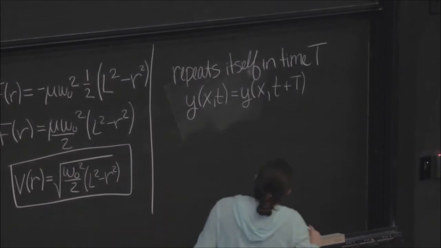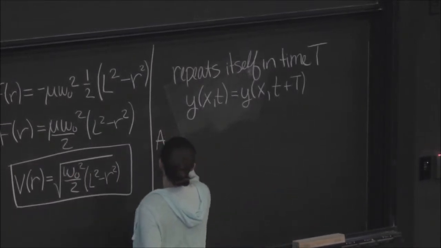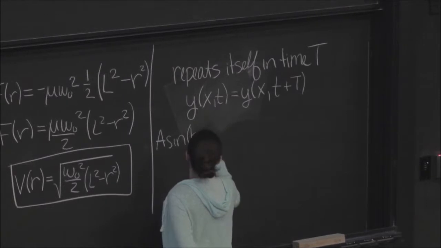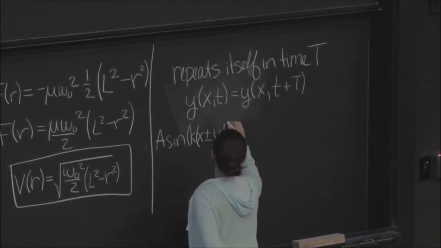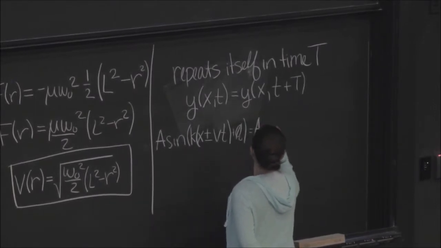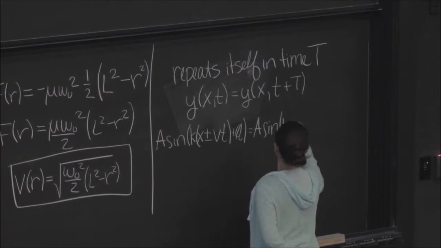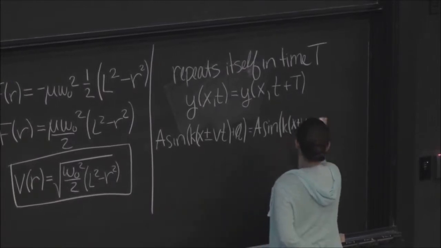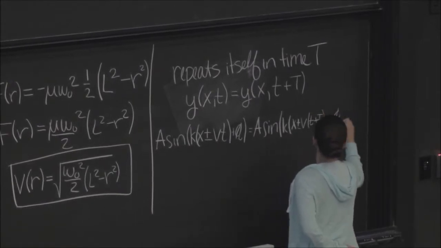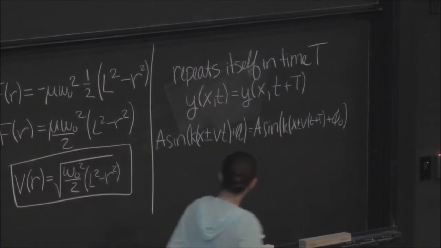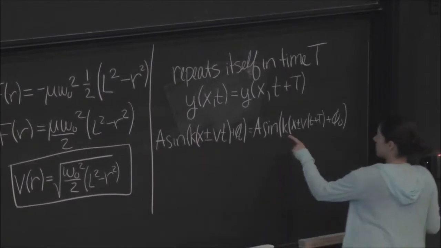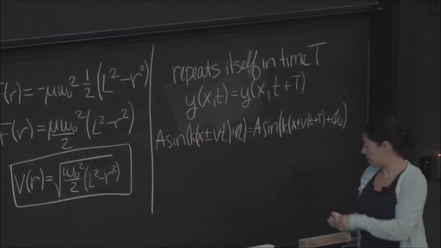So if I write what that equation is at both these times, so I write a sine of... I'm just gonna, okay. Okay, so the only way that these things can be equal is if this constant k, which is not the spring constant.